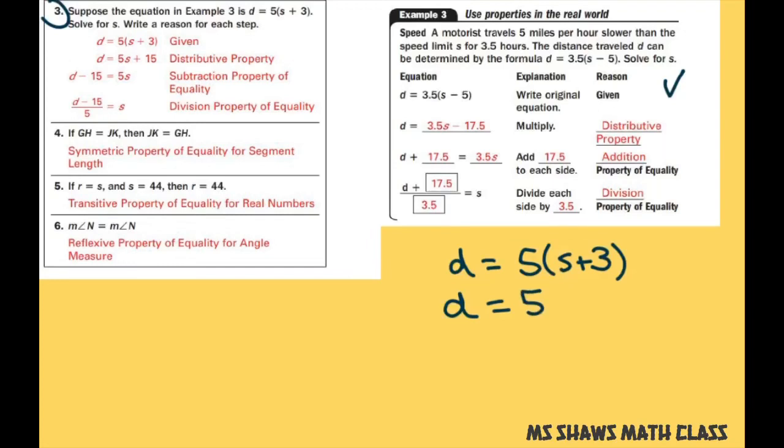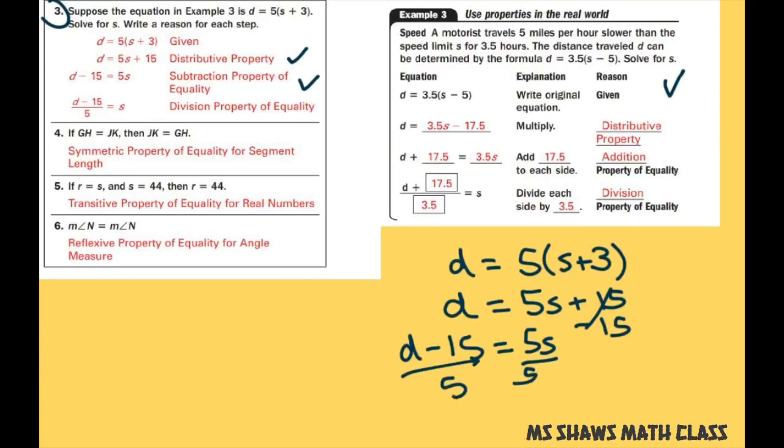So that's 5S plus 15. And to solve for S, I'm going to subtract 15 from both sides. So that cancels, and that would equal 5S. And then divide both sides by 5. And that cancels. So that's your division, because we divided.